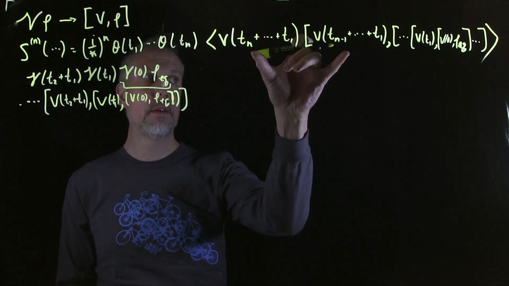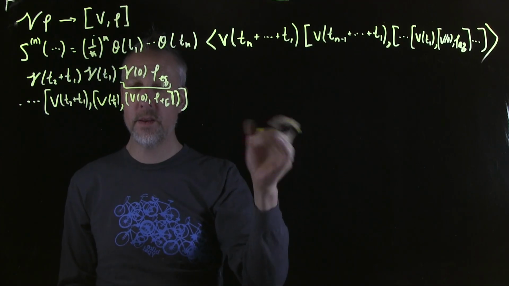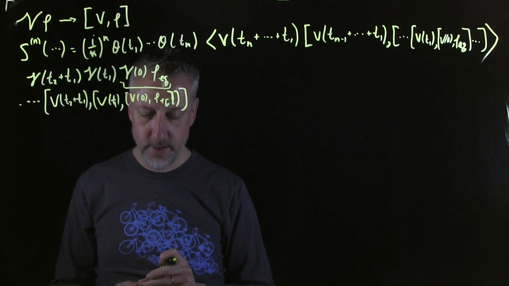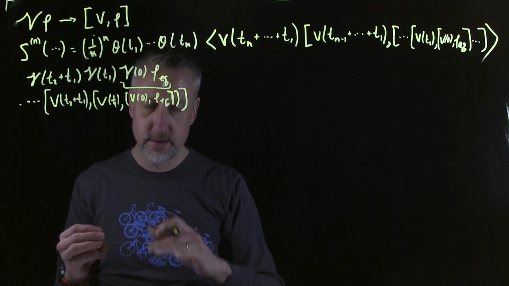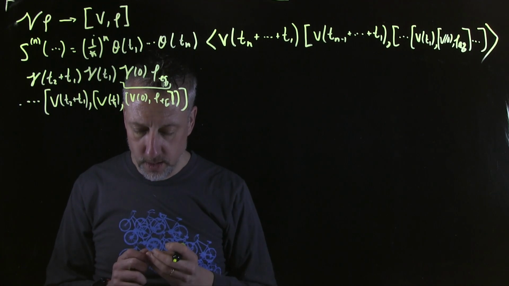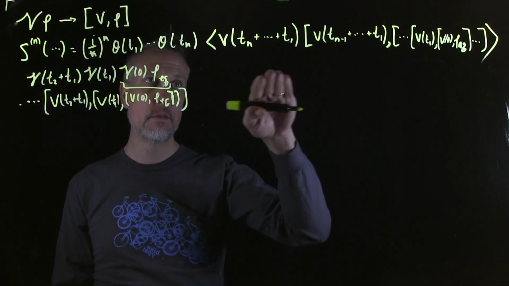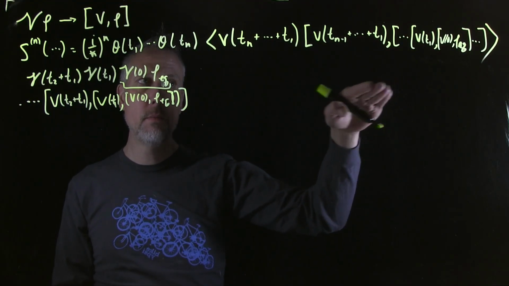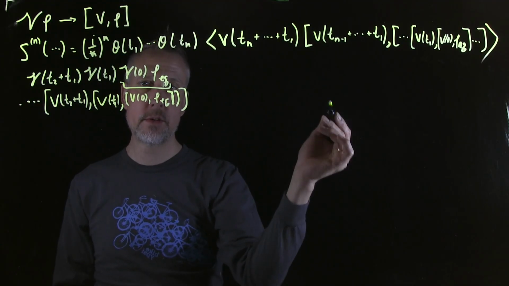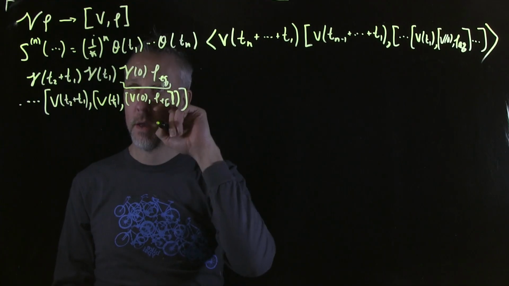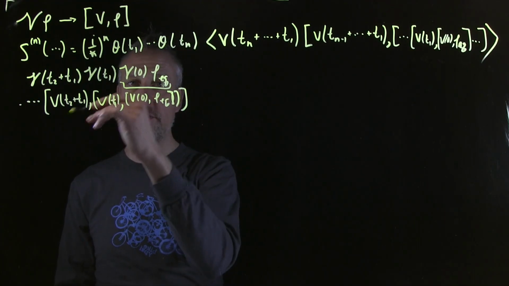At the point before, where we have the expectation value with the V on one side and all the V's in the row, we could have ended up with this equation by operating with the V to the right, like here. But we could also have operated with the V to the left.